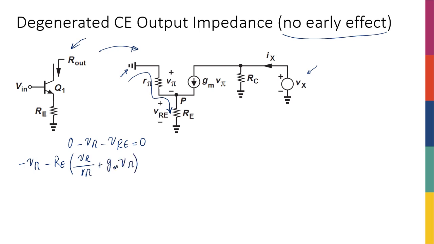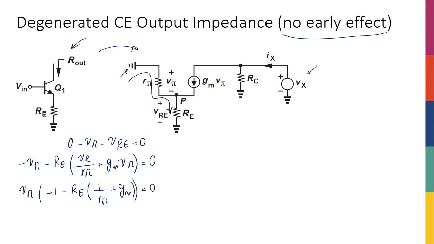Since we have done this a few times up to now, I'm not going to redo this or write all the steps. This is equal to 0, and this means that V pi times negative 1 minus RE times 1 over R pi plus GM is going to be 0.